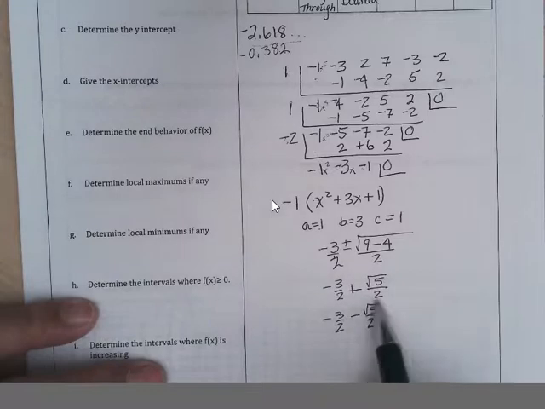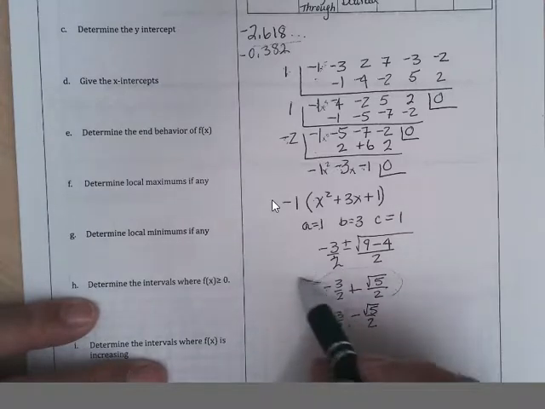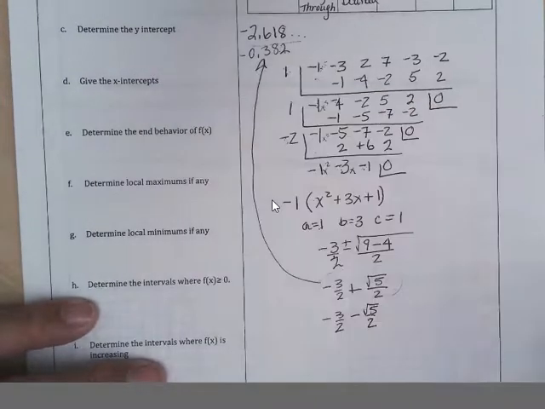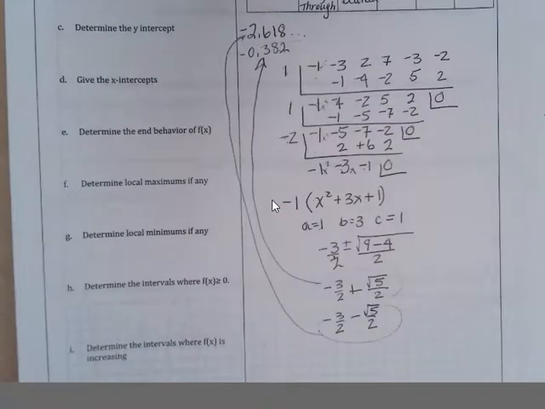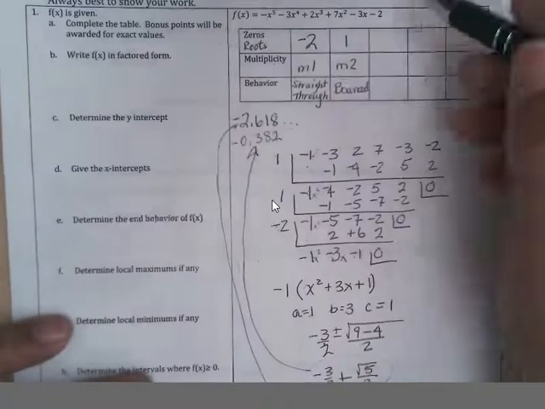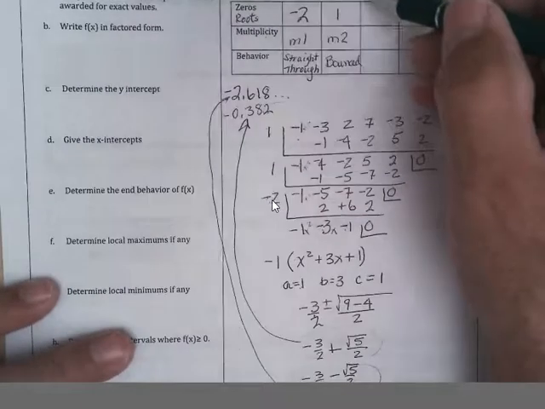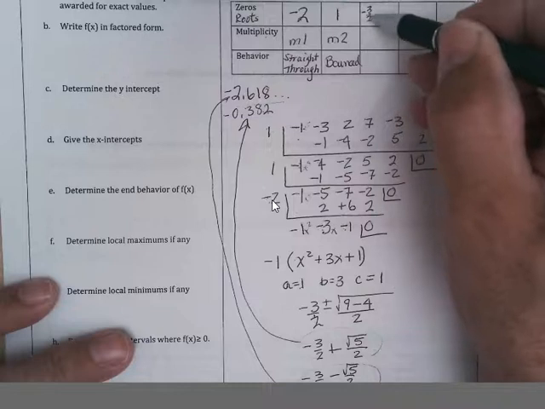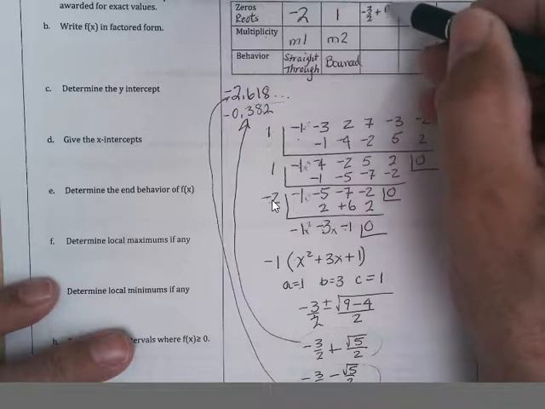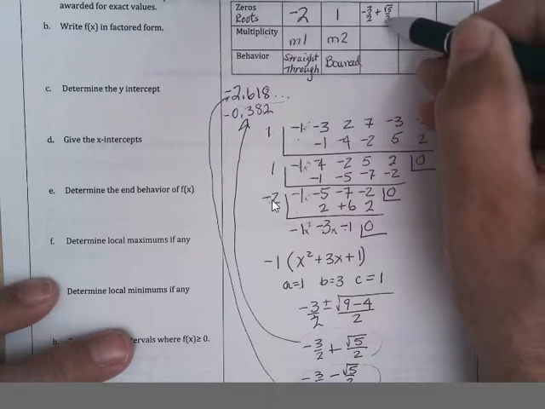If you type this into your calculator, you'll get that decimal. So now I know the last two roots exactly. Minus 3 halves plus the square root of 5 over 2.